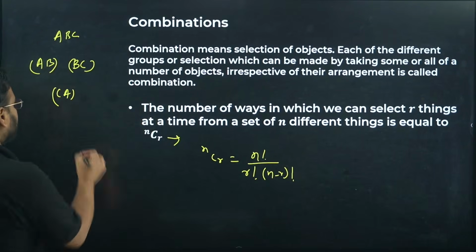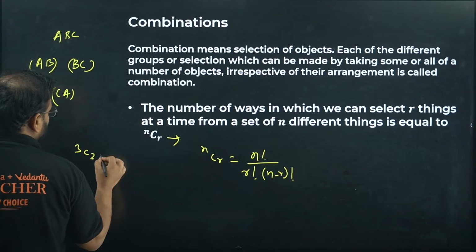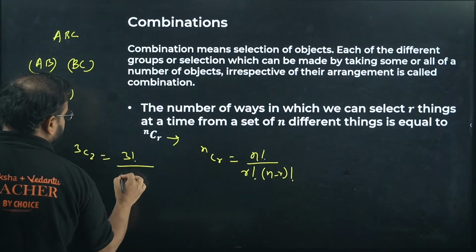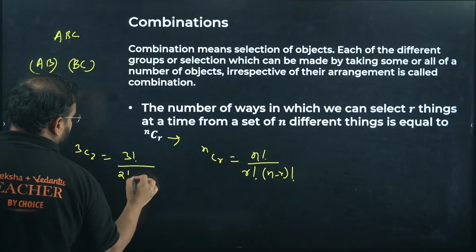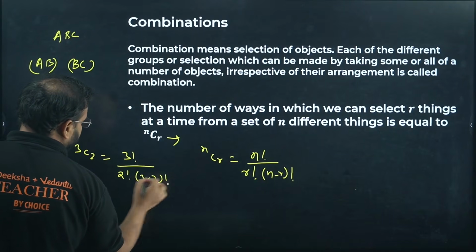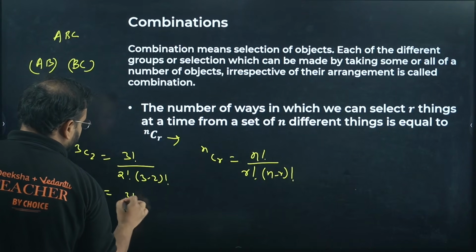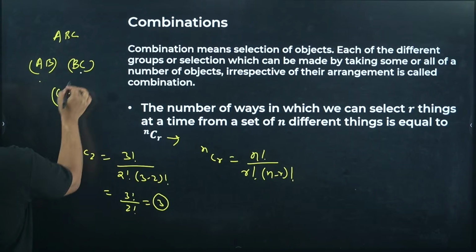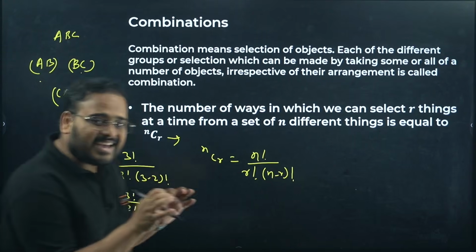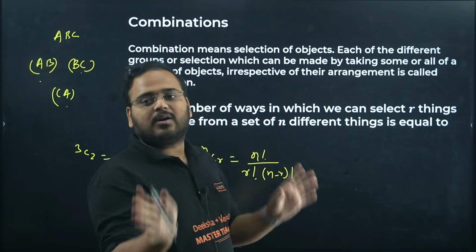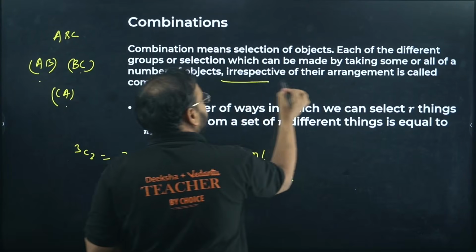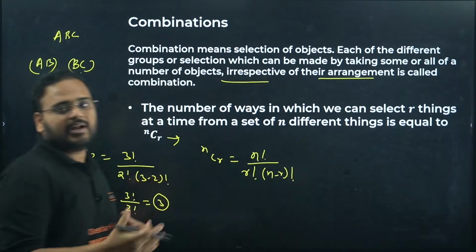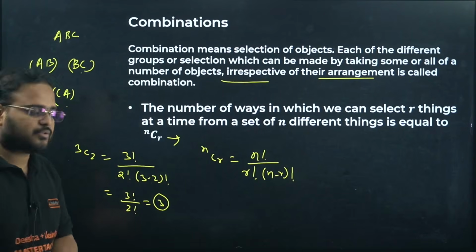So if you apply this over here, you get 3C2, 3 factorial divided by 2 factorial into 3 minus 2 factorial. You get 3 factorial by 2 factorial. The answer becomes just 3 combinations. In this case, the order of arrangement does not matter. Irrespective of the arrangement is called combinations. I hope it makes sense to all of you.